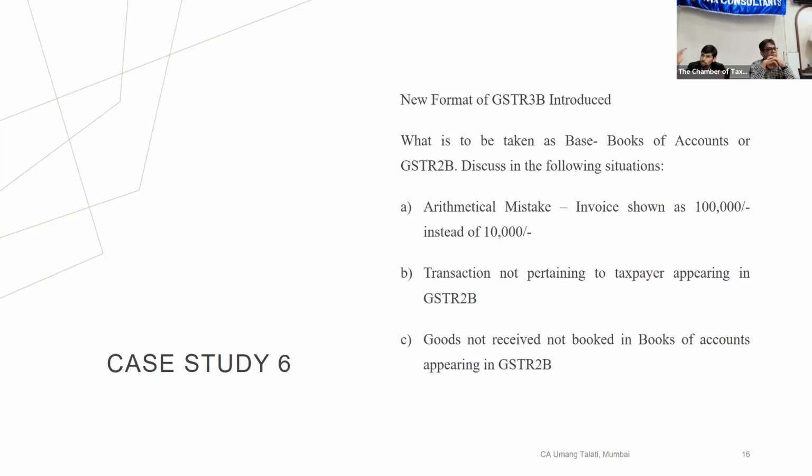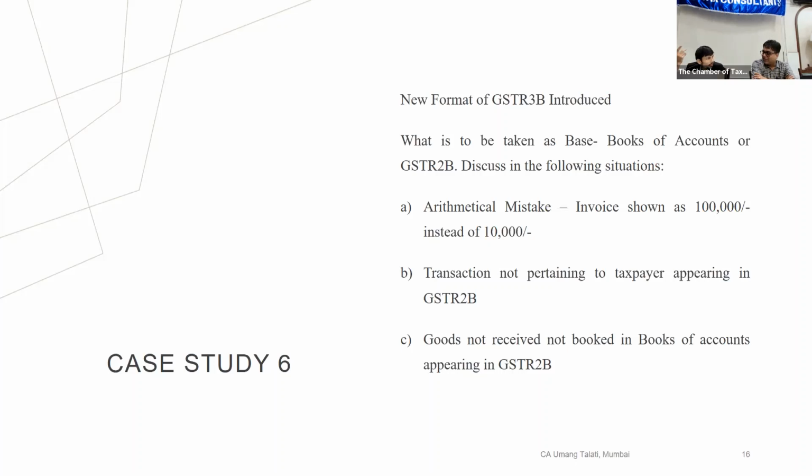Here they are saying you show it in your 2B or 3B and reverse it, saying goods not received, which is illogical, because according to your accounting standards, you will never book it in your books of accounts. So then, do you take your GSTR-2B as base or books of accounts as base? Because the eventual answer may be the same, but can the department tomorrow come and say you have availed and then reversed, when it was never your credit?